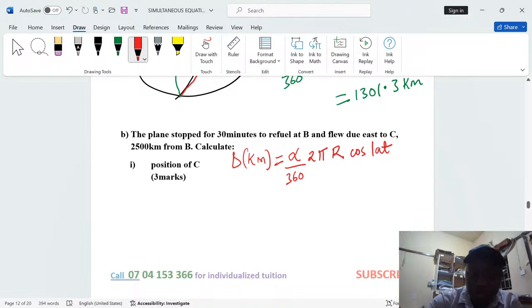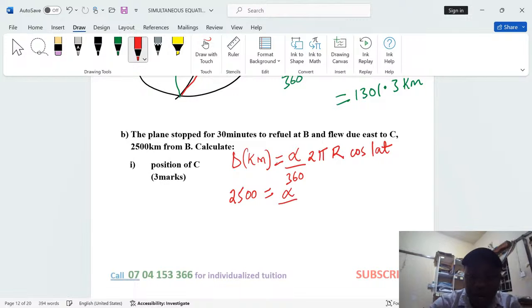Therefore, the distance is already provided, 2500. This is equal to the angle difference, which is unknown, divided by 360, multiplied by 2 by 22 out of 7 multiplied by 6370.